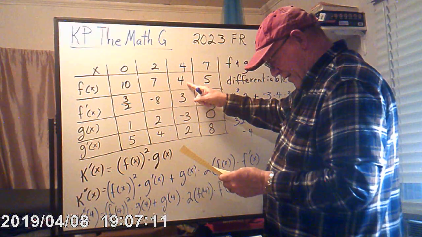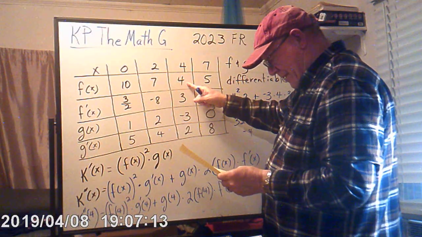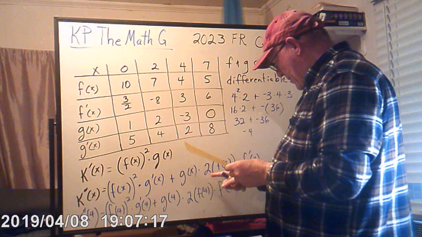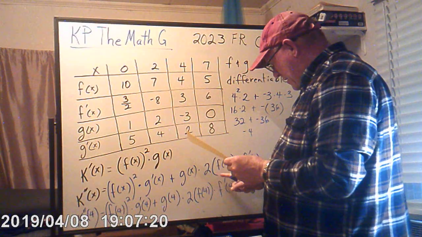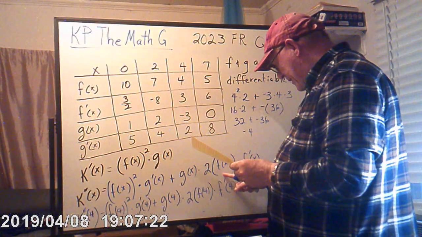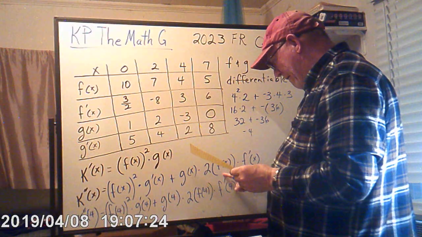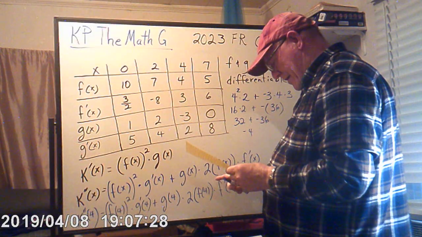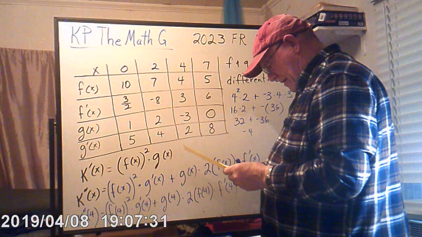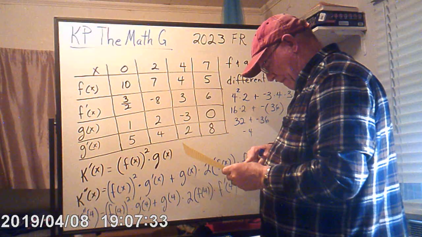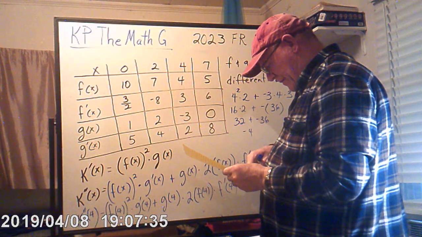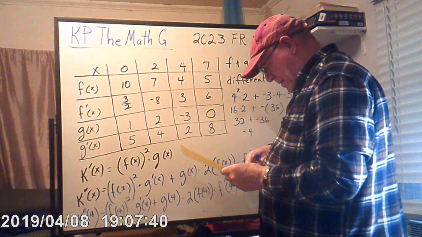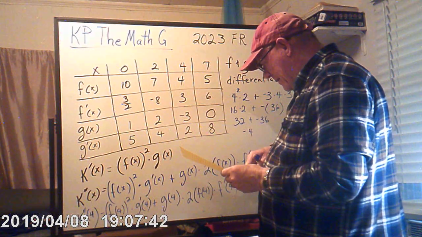I got negative 40 last time. So let me see if I did something incorrectly. Oh, this should have been squared here. I'm trying to figure this out.